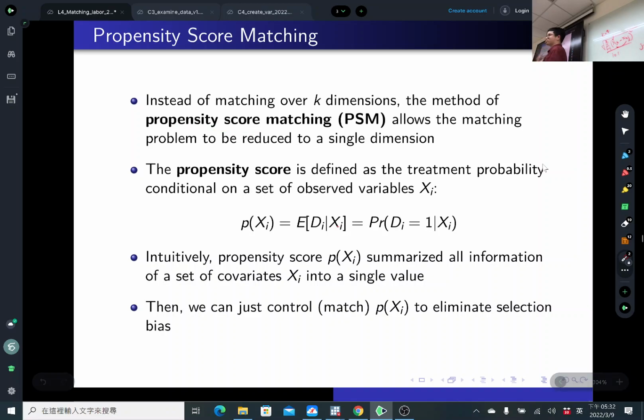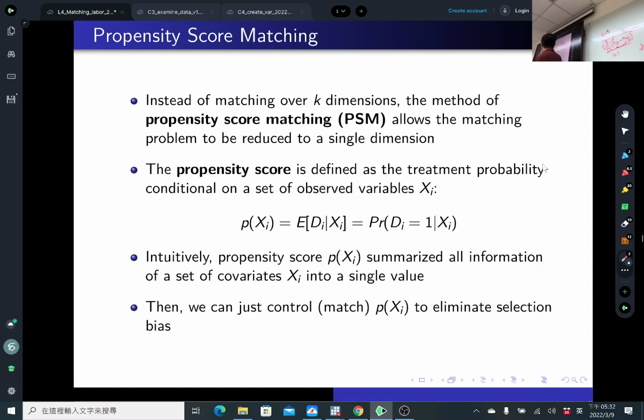So what is the propensity score? The propensity score is defined as the treatment probability conditional on a lot of observed variables, x. Basically, this is the probability based on a lot of characteristics, used to predict who can get a treatment or not.